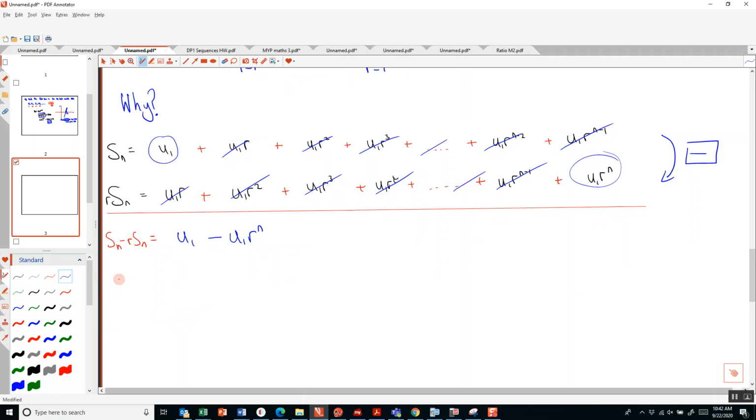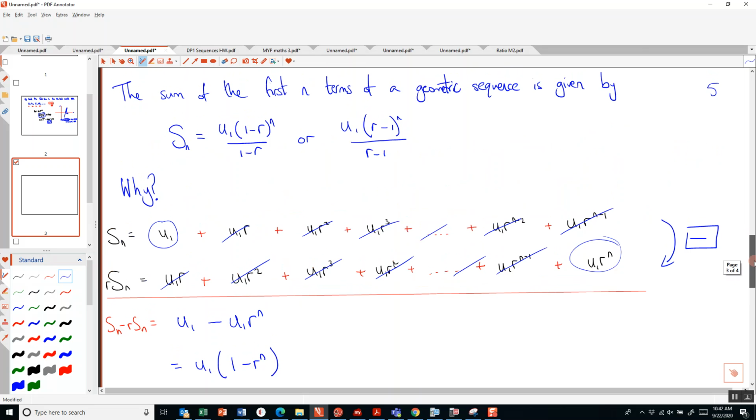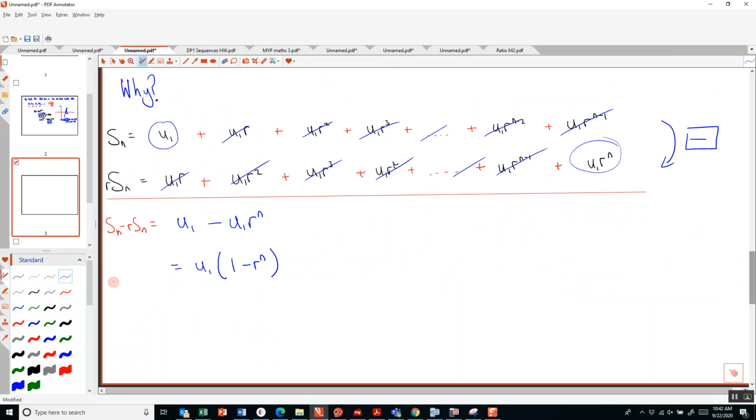What do you think our next step is? You're going to want to take out u1 as a common factor. Yes. And what are you left with inside the bracket? 1 minus r. Right. What am I going to do to the left-hand side? Take out Sn.